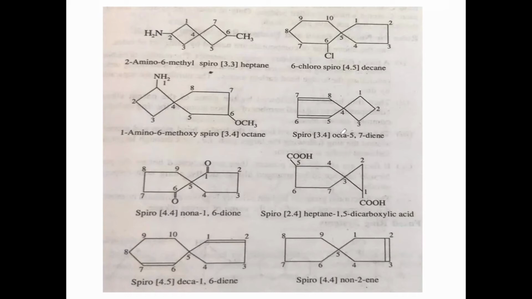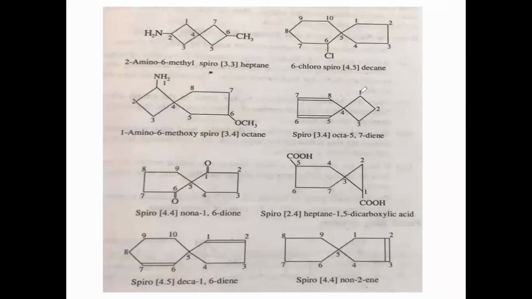The third rule: the numbering starts from the atom which is directly bonded to the Spiro carbon. That's why here we started from this first number, because this one is the Spiro carbon. So we will start numbering from this one.